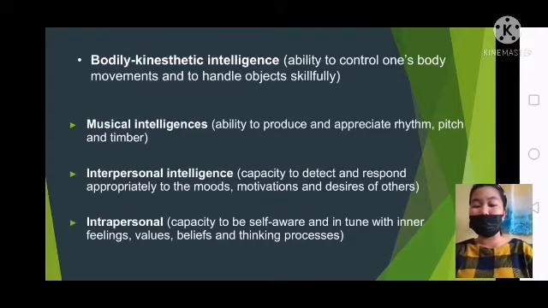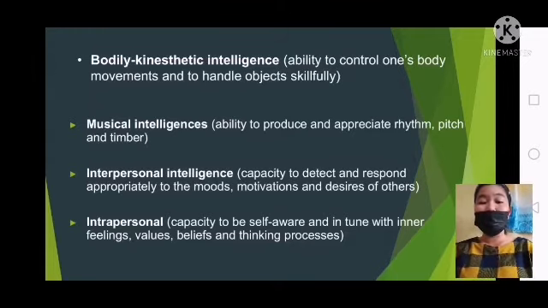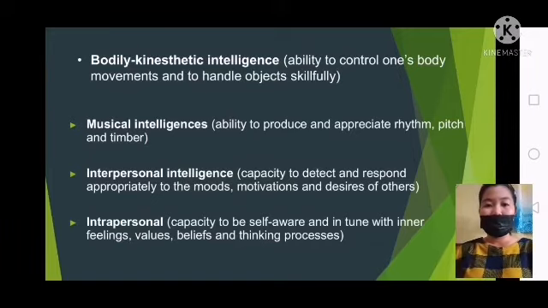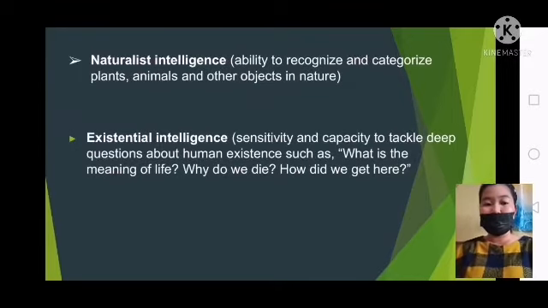The next one is intrapersonal intelligence: the capacity to be self-aware and in tune with inner feelings, values, beliefs, and thinking processes. The next intelligence is naturalist intelligence: the ability to recognize and categorize plants, animals, and other objects in nature.